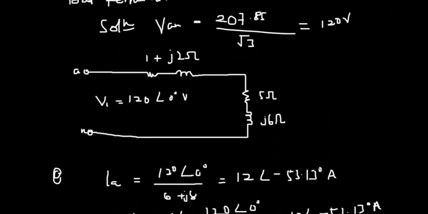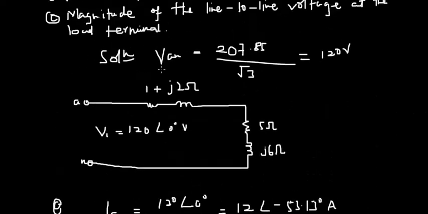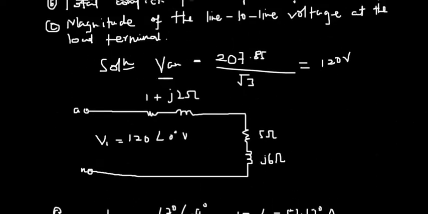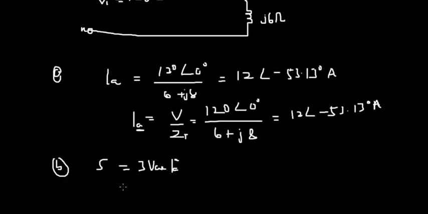So we know that S is equal to, and these are some equations we need to derive, 3 times VAN, which we already calculated, multiplied by IA, which has already been calculated, and then the conjugate. That will be the total complex power supplied from the source. So let's try calculating that.